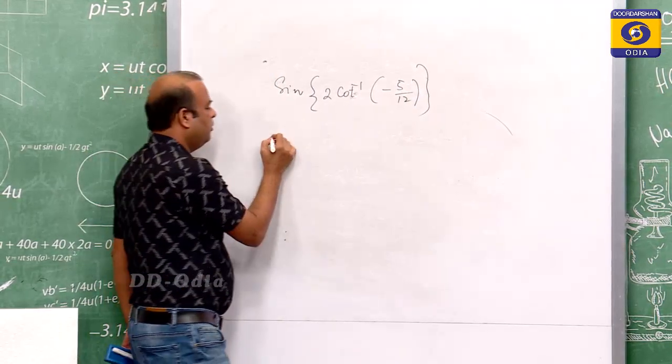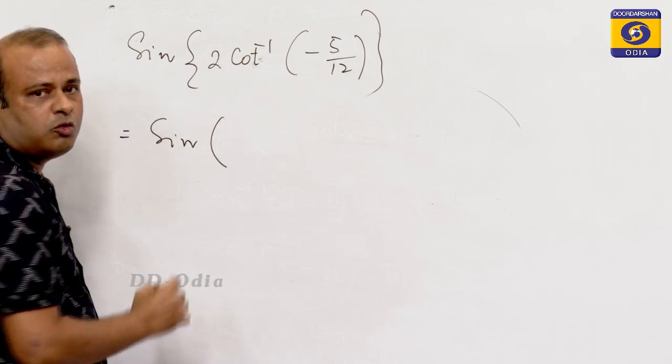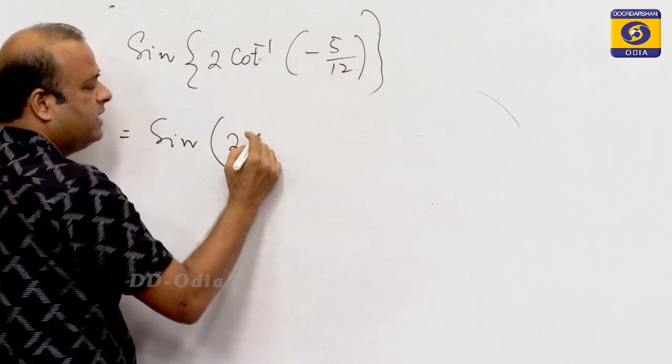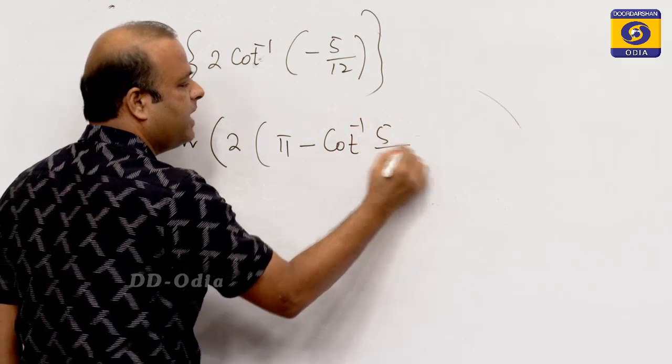Okay, so sine of 2 cot inverse minus x is your pi minus cot inverse 5 by 12.